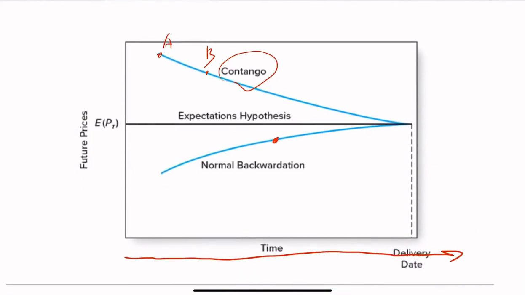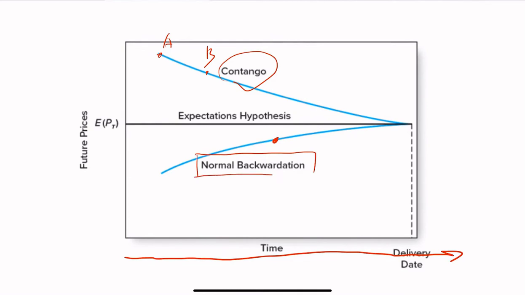The reason is because think about this. When you're having this normal backwardation, what it means is this expected spot price is larger than this initial futures price. So this has to be larger than 0, right?